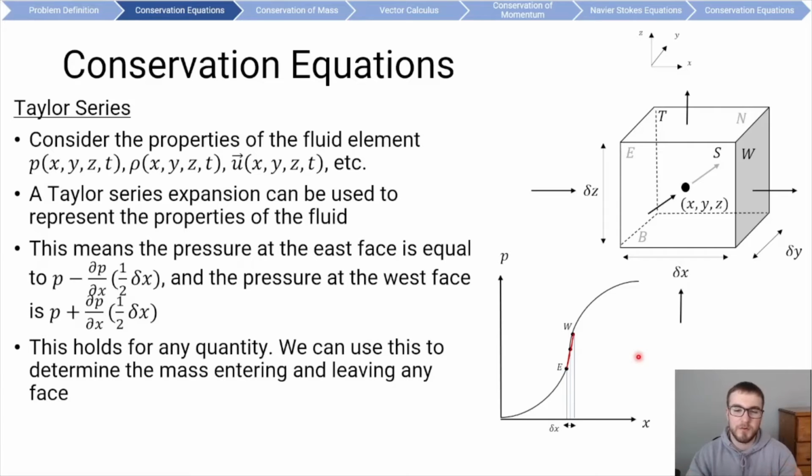And what we're essentially doing here is we're drawing a straight line between the west face and the center, and saying that we can use pretty much a linear approximation to estimate the pressure at the east and the west face, due to the fact that our element is so small. So this is how we use a Taylor series expansion in our conservation equations. I also have here that this holds for any quantity such as velocity, pressure, temperature, etc. So that's quite important, and we'll use it quite often in our derivation.